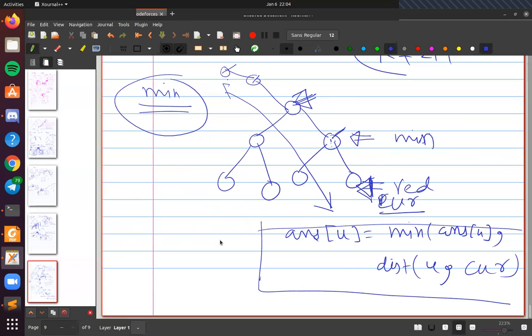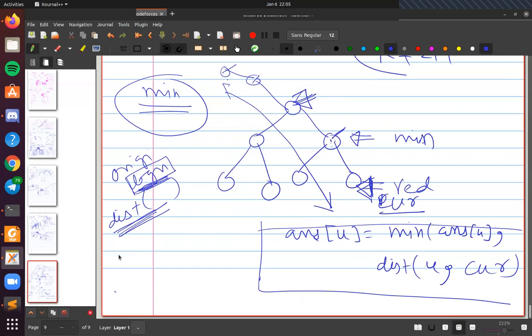One thing: how I am finding the distance is using LCA, so LCA on the original tree. In log n, I am finding the LCA using a sparse table kind of thing, right?